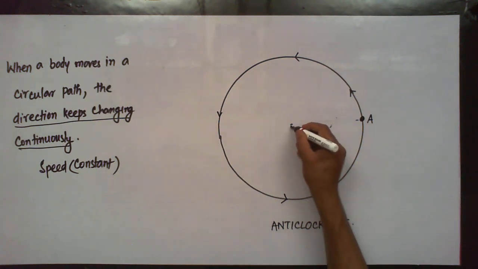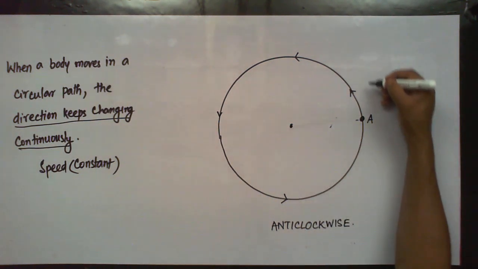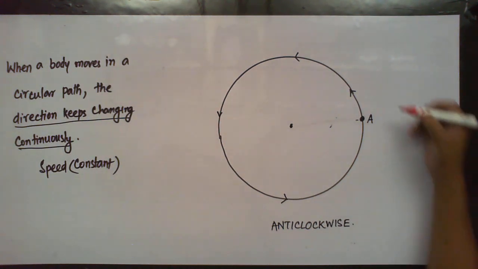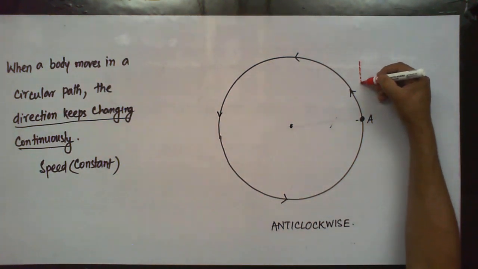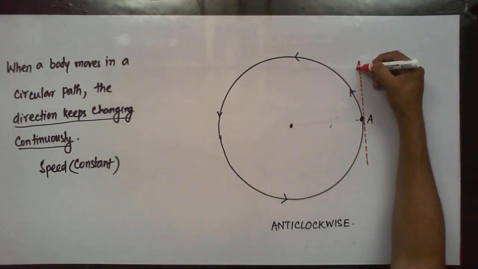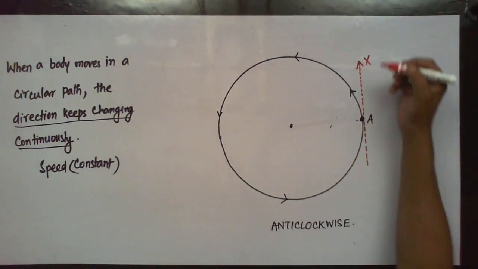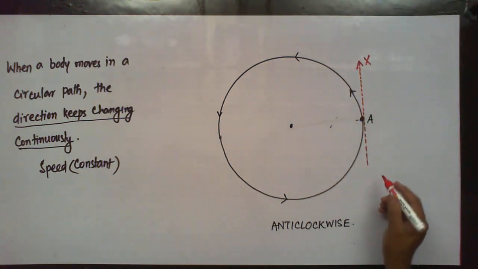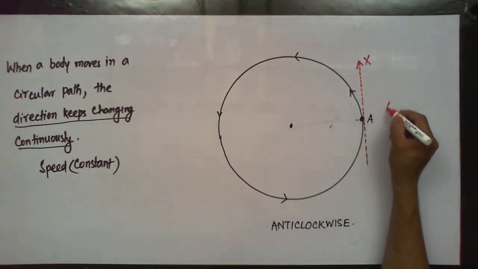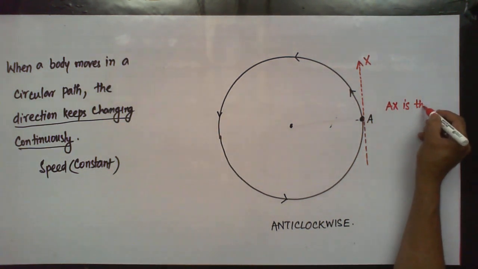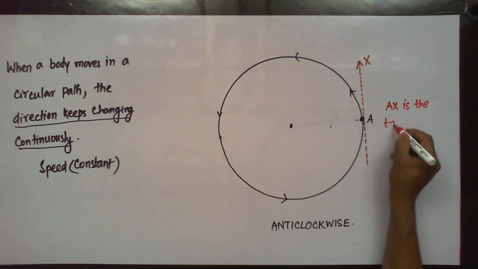You would find that the body is going to move in this direction, which has been shown here. Let us say this is AX. This direction, AX, is the tangent at A.